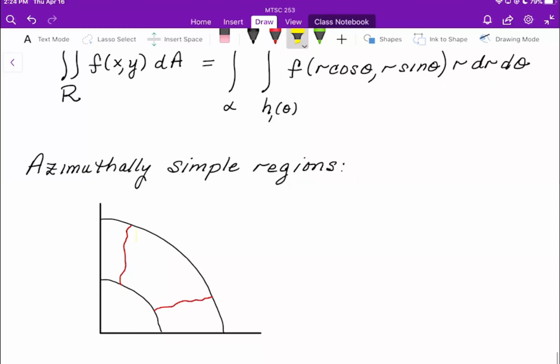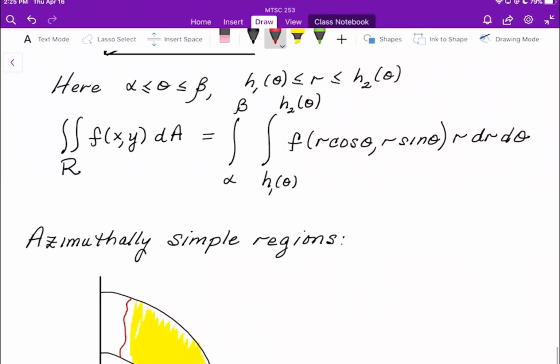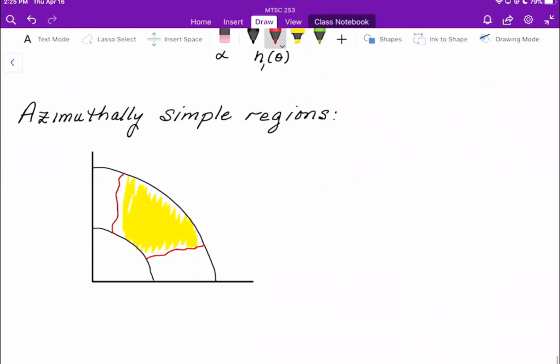So here's my region. This is r equal to r1 or a. And this is r equals b.